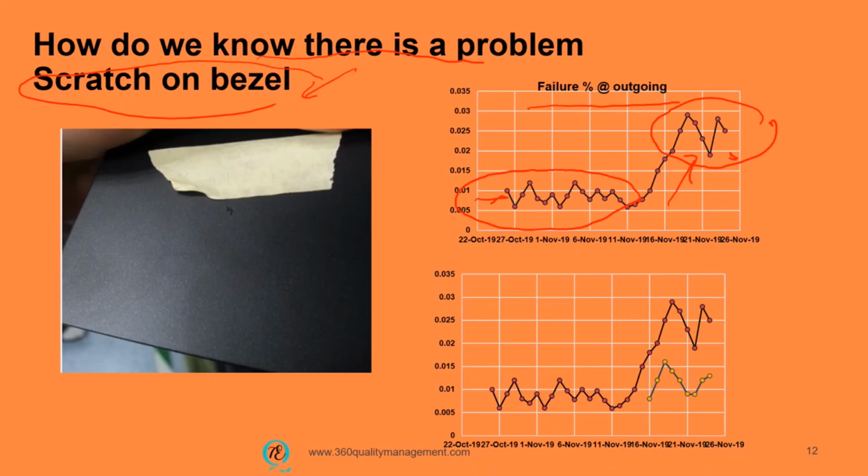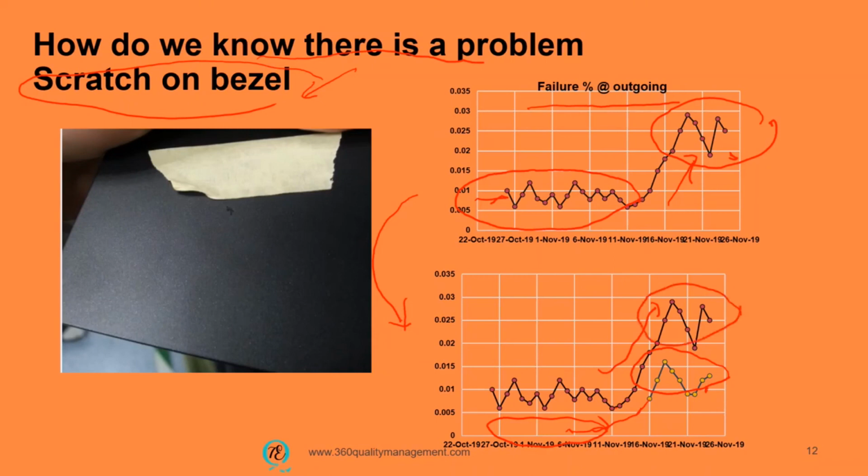So a simple way of detecting where the problem comes from is to plot the incoming inspection rate of this bezel and find that normally there's no reject or very few rejects. However, on this green line here, suddenly there's an increase, and this has caused the spike as well.